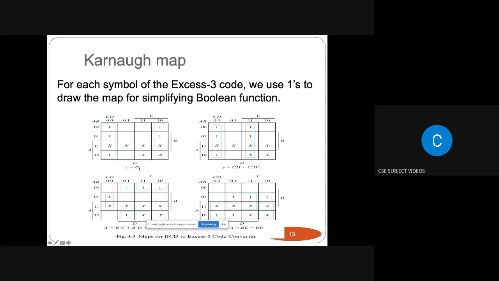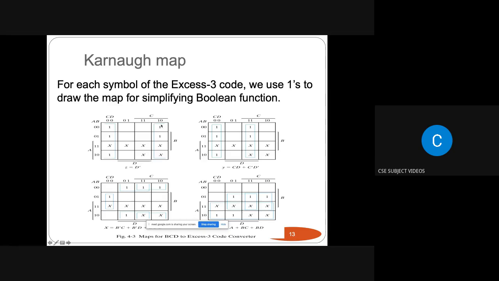For Z, it is D dash. Here it is an octet possibility. And for Y, it is 2 quads. So this is 1 quad and this is another quad. For this quad, it is CD, for this quad it is C dash D dash, and for this quad it is CD.